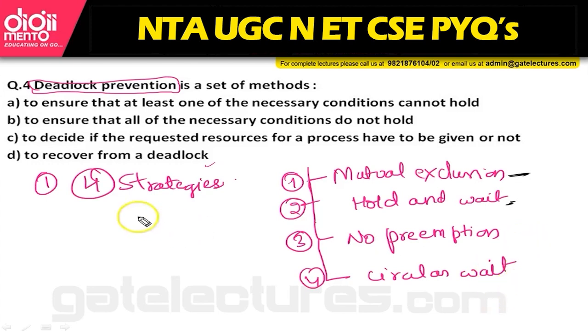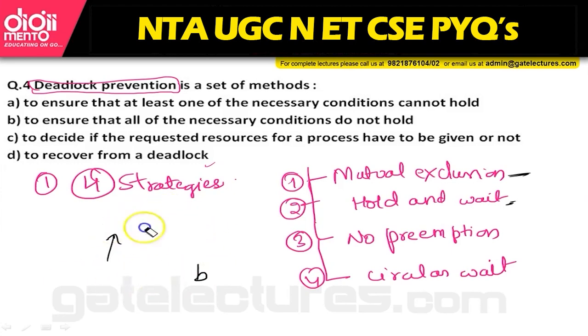And circular wait is, let's say A is waiting for resource R1, A got R2, R2 is held by B and B is requesting R1. So A wants what B is holding, and B wants what A is holding. So it is kind of circular.